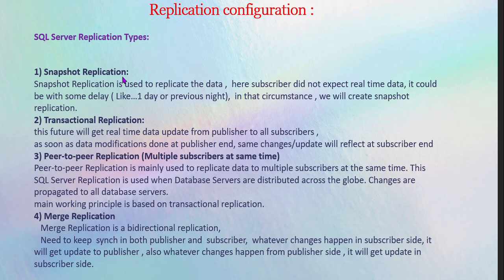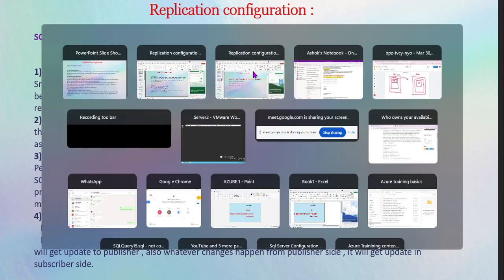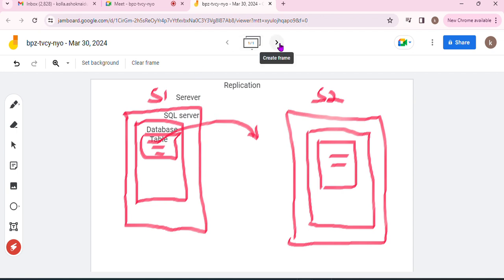Snapshot replication means, in our language, that it is not real-time data. If you configure snapshot replication, we don't want real-time data. For example, I will show you. One second, where is our whiteboard? Why do we use snapshot replication?